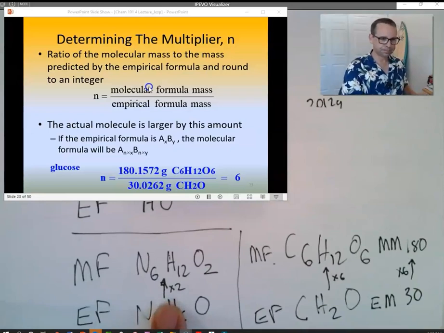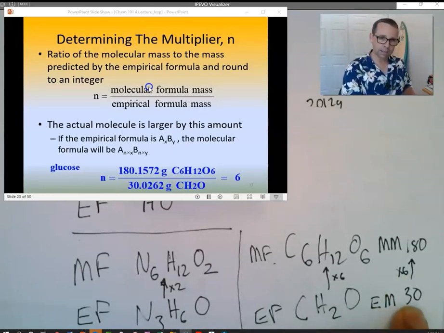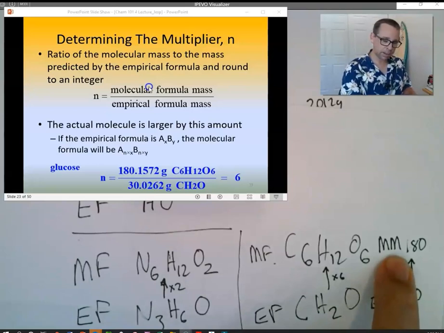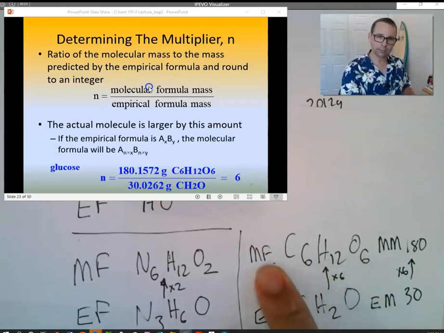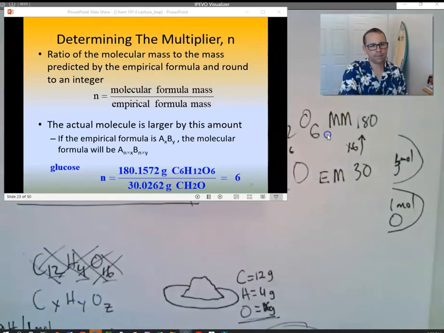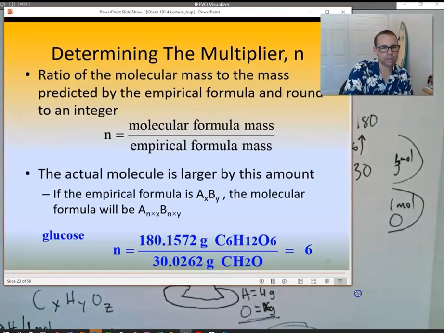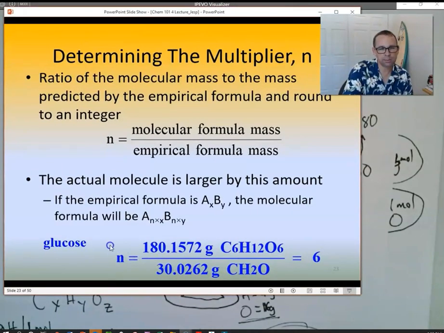The empirical formula is the simplest ratio, but if you multiply it by a multiplier, you get the molecular formula, right? And if you take the molar mass, like we did before, and divide it by the empirical mass, you can identify what that multiplier is, right? Because the empirical mass is also the molecular mass divided by the multiplier, the N value.